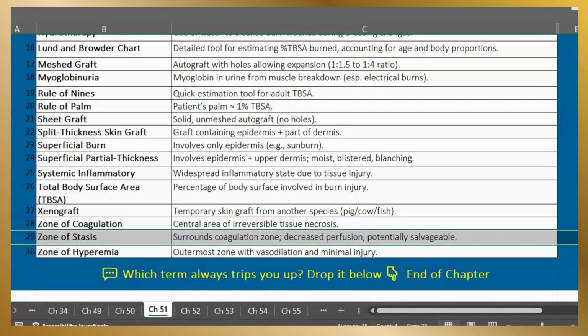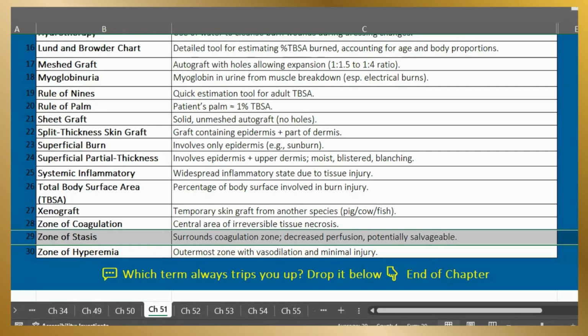Zone of stasis. It surrounds the coagulation zone, decreased perfusion, potentially salvageable. So it's a critical target for resuscitation to prevent burn wound conversion.